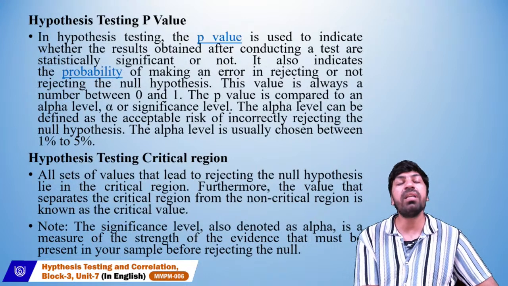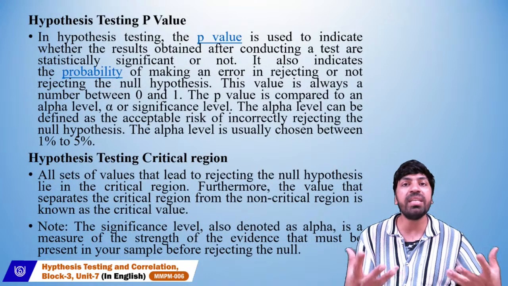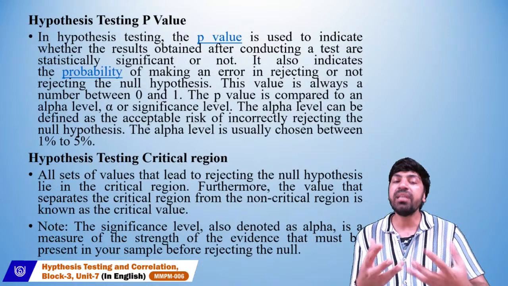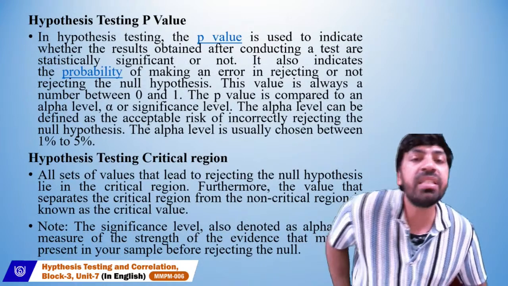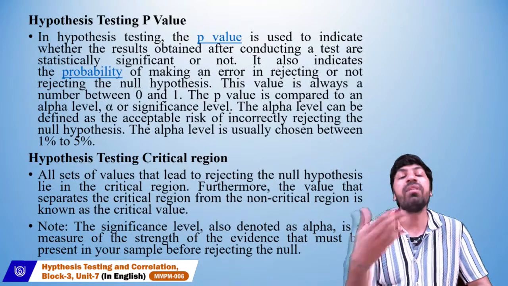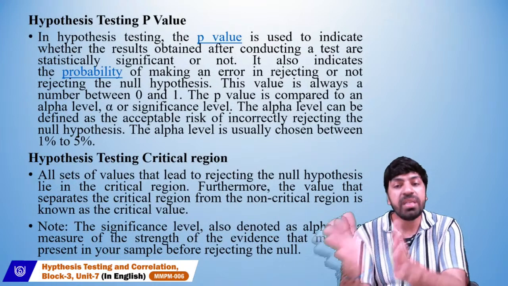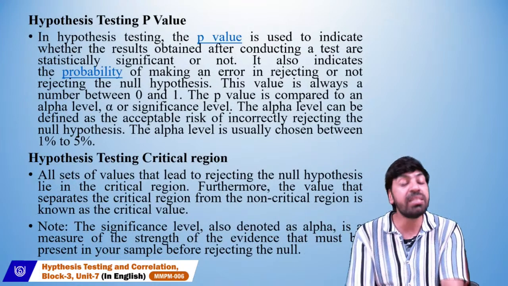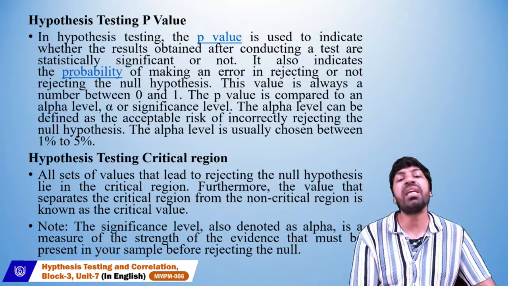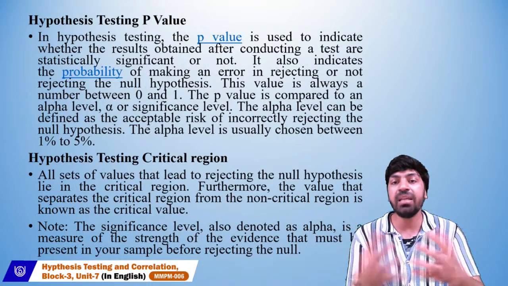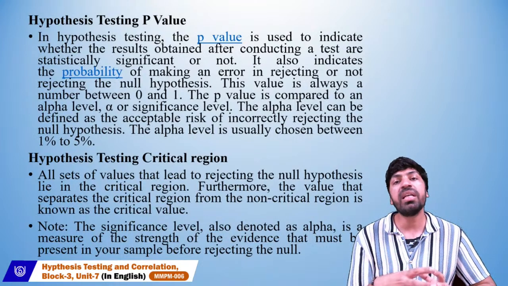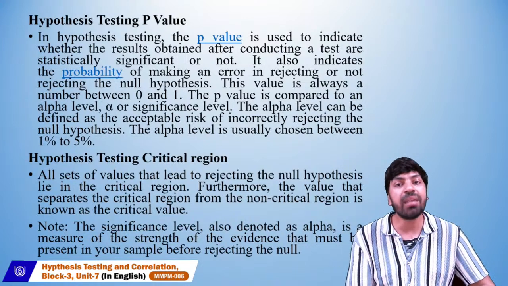The significance level is denoted as alpha level, which measures the strength of the evidence, because when we compare the alpha value with the probability value, the p-value, we get the evidence to prove our hypothesis statements, whether it is statistically significant or not. That can be done using the concept of the critical region, which has been explained in the previous slide through the diagram. The significance level is always denoted as an alpha level, both are the same concepts.